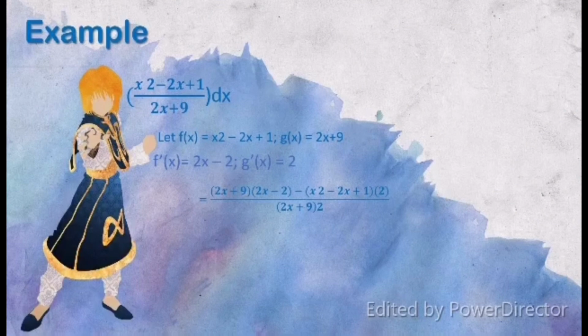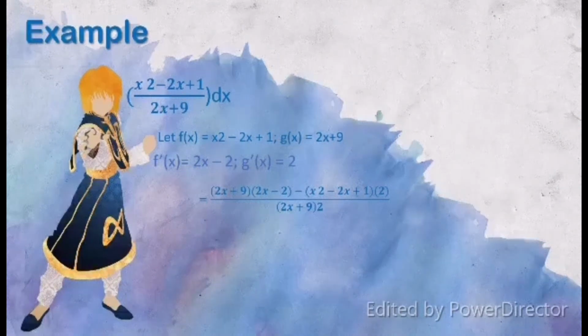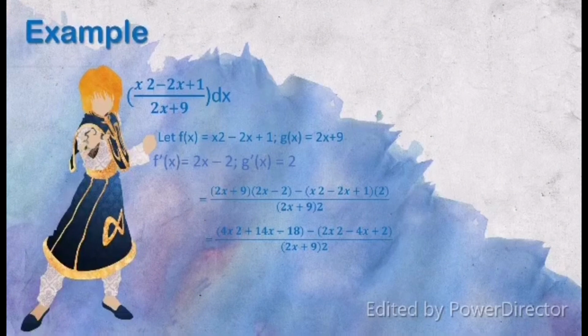Then you're just going to multiply the 2x plus 9 by 2x minus 2, minus x squared minus 2x plus 1 times 2, all over (2x plus 9) squared. After you do this, you just need to combine like terms. After you combine like terms, that is the final answer.